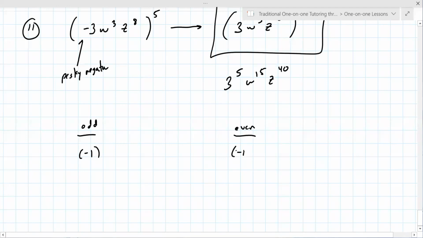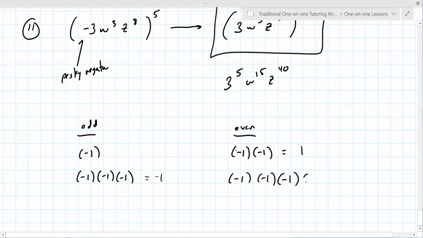And I'm gonna write odd and even. Okay. What is -1 times -1? +1. Okay. What is -1 times -1 times -1? So on the left here, -1 times -1, we know that that is 1. So 1 times -1 is -1. -1 times -1 times -1 times -1.